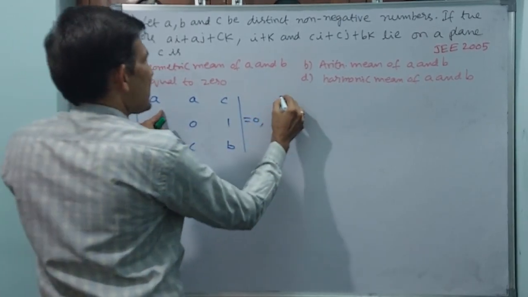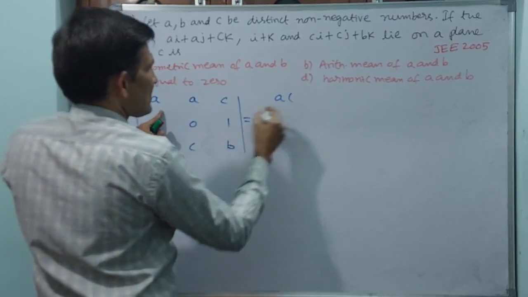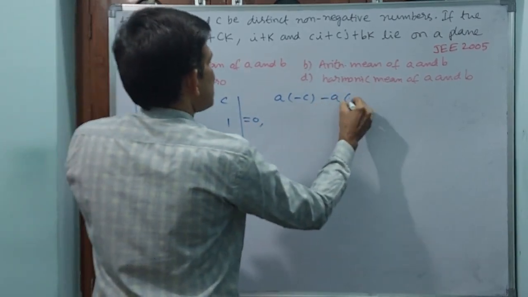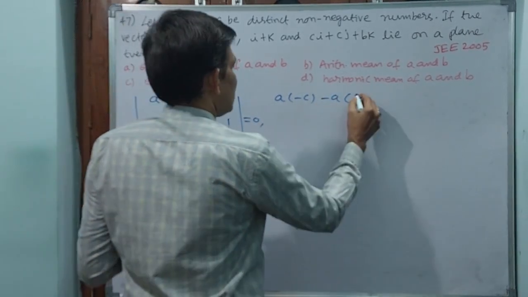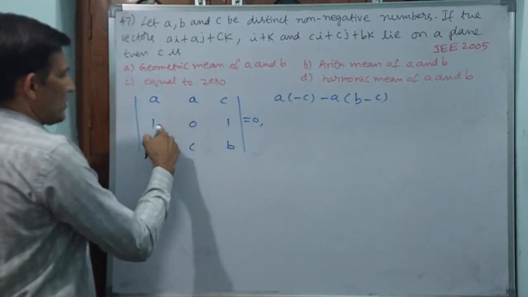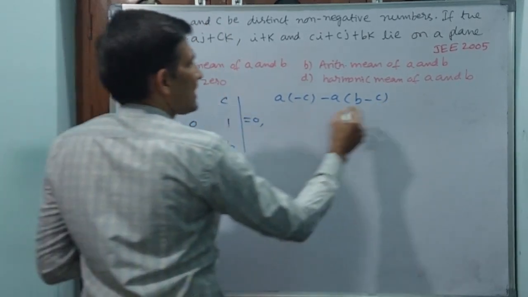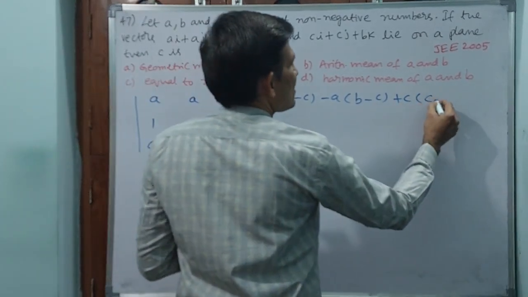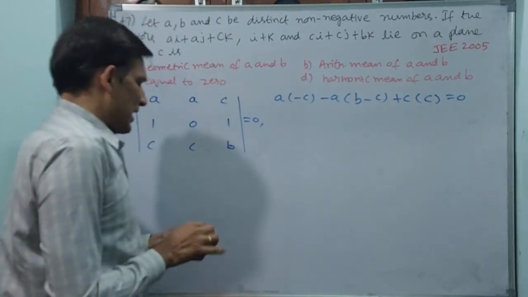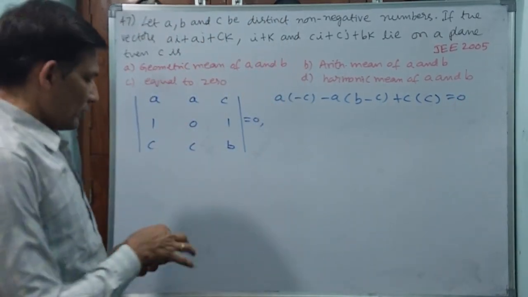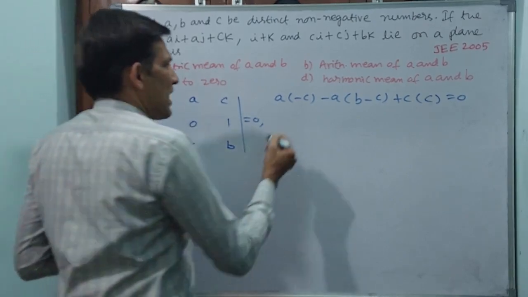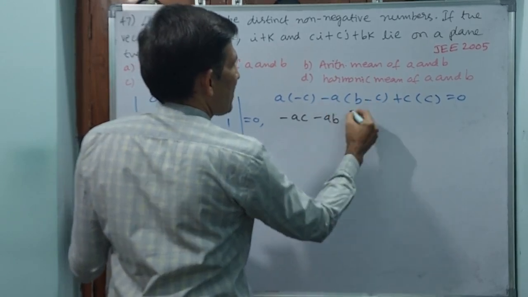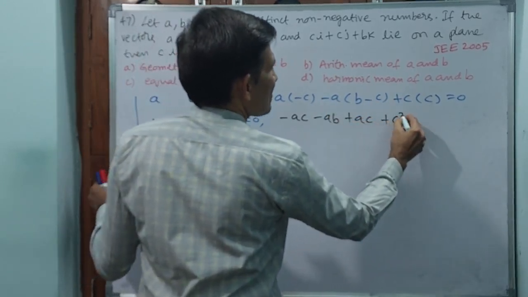Okay, now you see a times 0 minus c, minus a times b minus c, plus c times c minus 0, equal to 0. Okay, coplanarity. Now see, minus ac minus ab plus ac plus c square equal to 0.